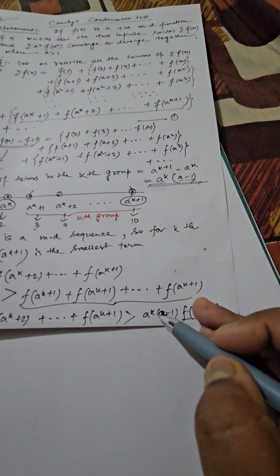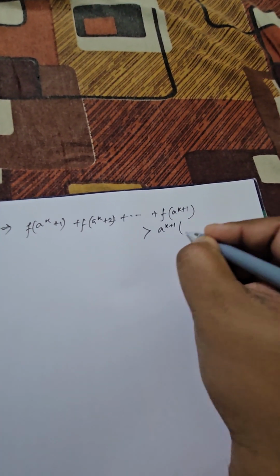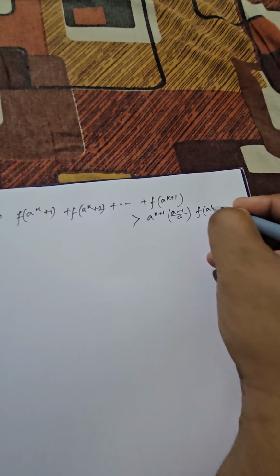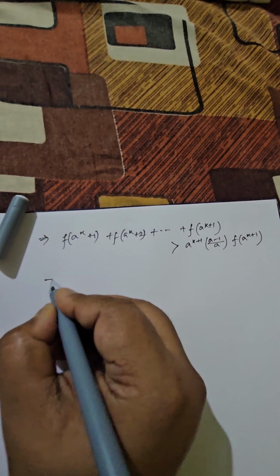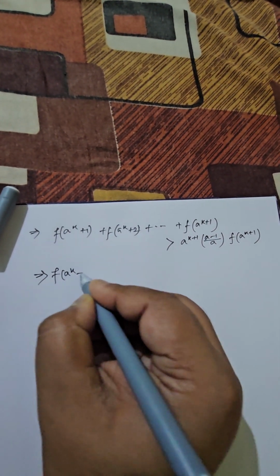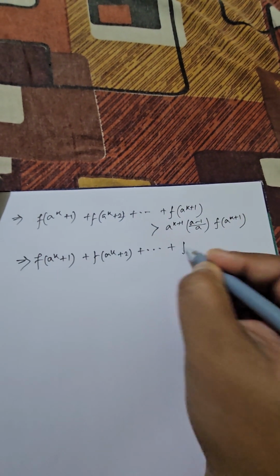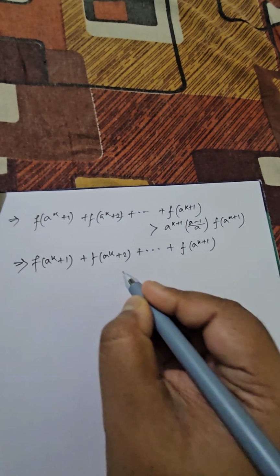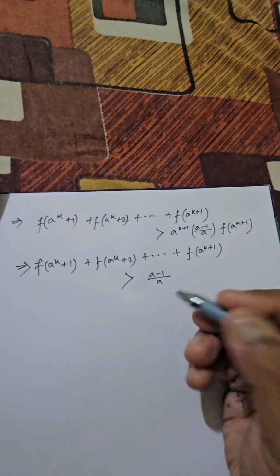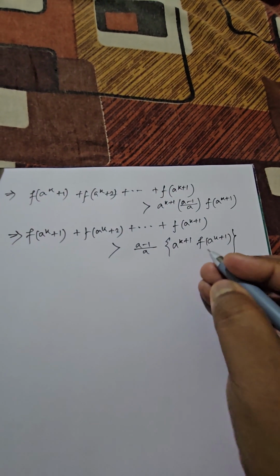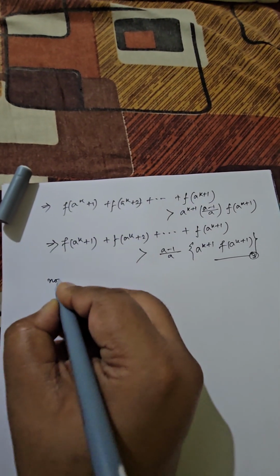So let us introduce a to the power k plus 1 by a. And obviously on the right hand side we have f of this type of expression, so that the entire expression will be like this: a minus 1 by a, keep this one intact, within bracket you have this type of expression. Say this is equation number 3.